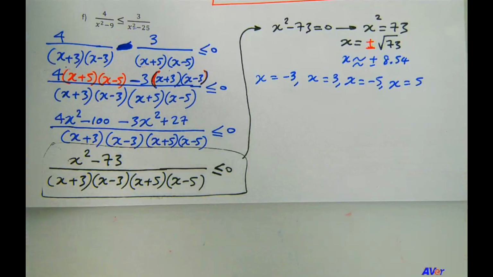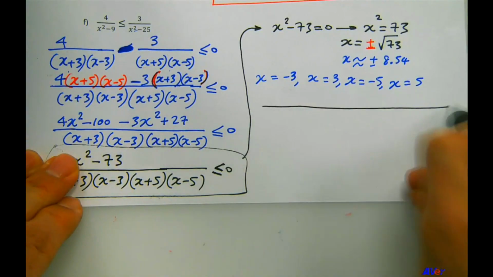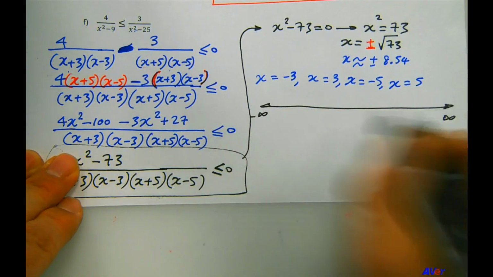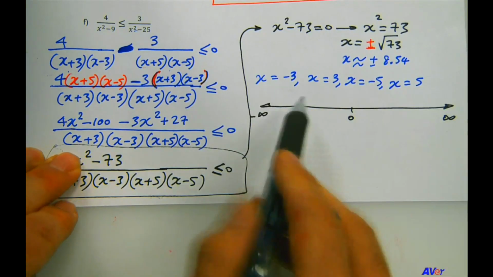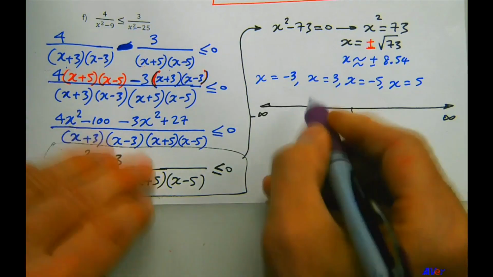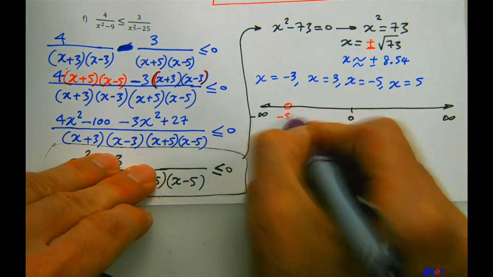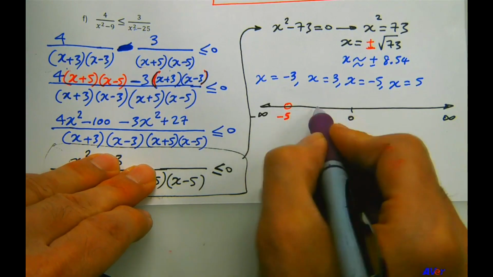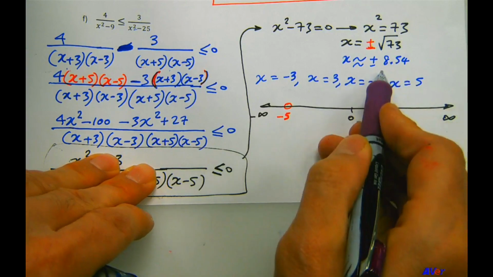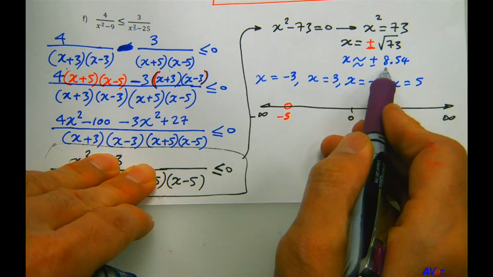So on the real number line we have negative 5, negative 3, and then we also have negative 8.542.